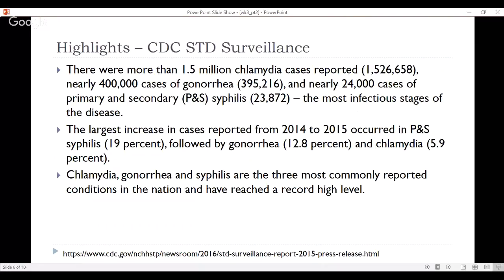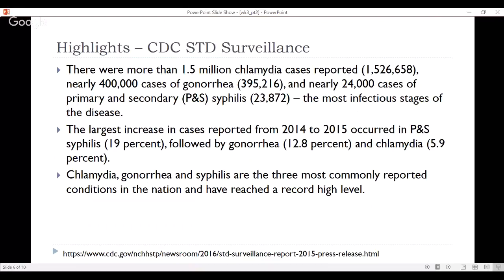So the highlights from the STD surveillance slides that we're going to look at are that there were more than 1.5 million chlamydia cases reported, nearly 400,000 cases of gonorrhea reported, and nearly 24,000 cases of primary and secondary syphilis, which are the most infectious stages of the disease. This was just in 2015 alone, and 2015 is the most recent STD surveillance data that we have available nationally.